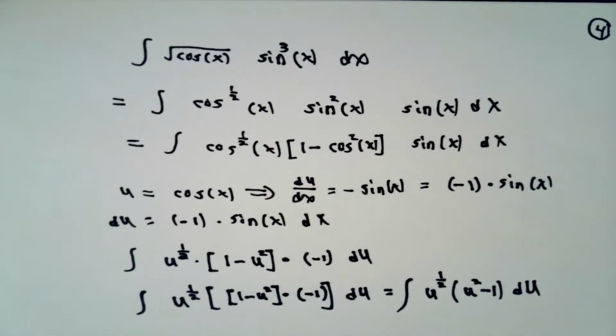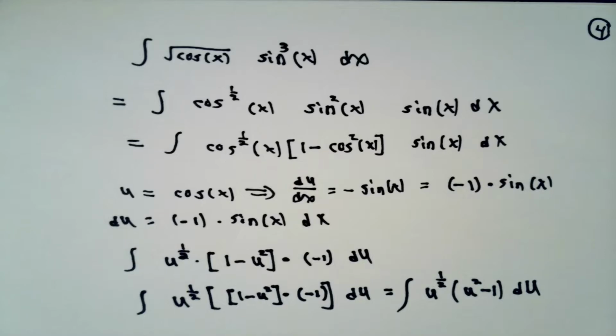As another example of this, let's look at the integral of square root cosine x multiplied by sine cubed x dx. Even though at first glance this doesn't seem to be of the type that we're talking about, when you remember that the square root function is the same as the raised to the 1/2 power function, you see that it is.